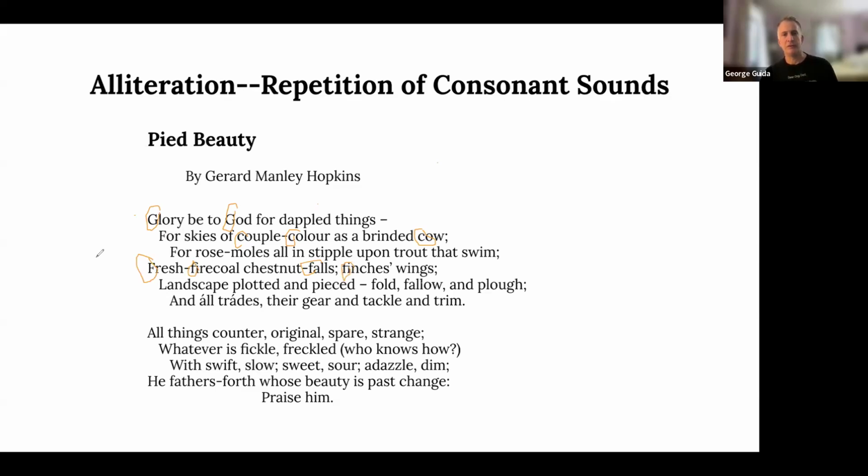So alliteration has the effect of emphasizing, calling attention to certain syllables or words. Glory, which already has an accented syllable, gets double attention from the fact that the G in glory is coupled with the G in God in this line.